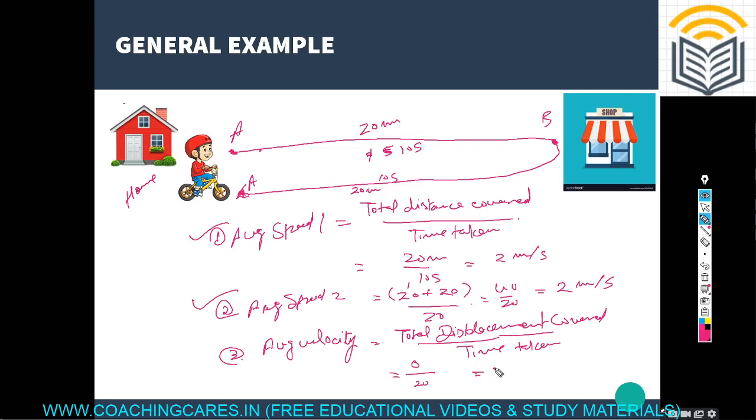So that will be equal to 0. In this second case, the average speed is 2 meter per second, but the average velocity is 0, because we consider the total displacement in the velocity case and the total distance in the speed case. That's a major difference, guys. You can understand both terms very clearly while solving problems.